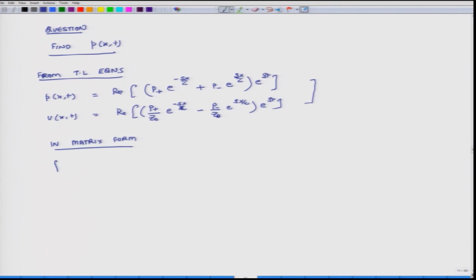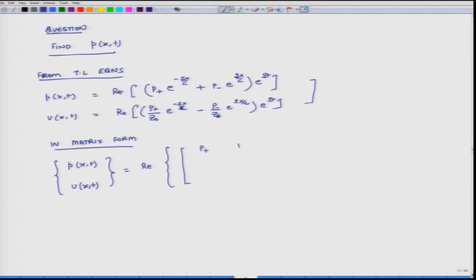In matrix form, I can write P of x, t and U of x, t as real of this vector, which is computed by these matrices.